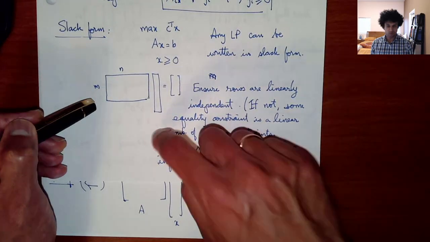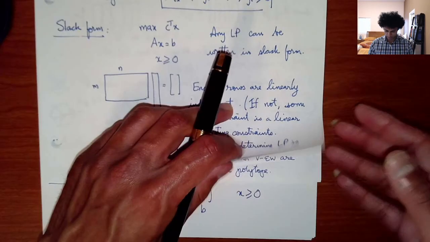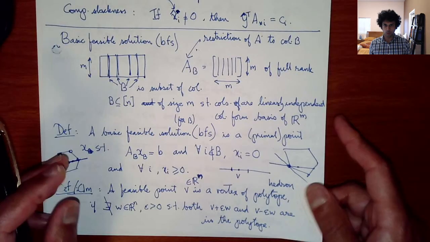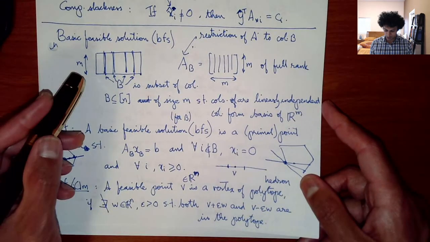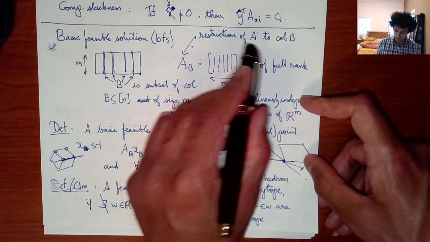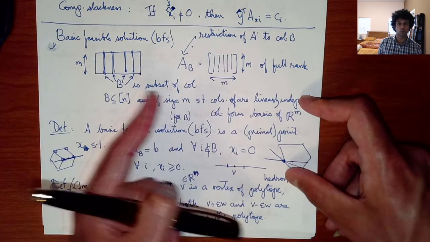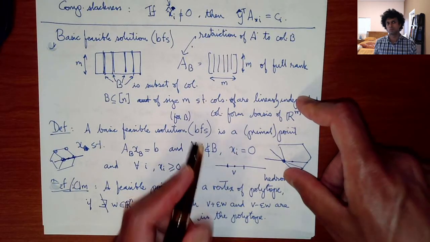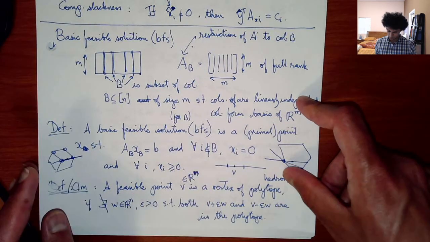And so this is the situation we had. In a lot of the pictures that we drew, we had this notion of a basic feasible solution, the restriction of A to some subset of columns which formed a basis.